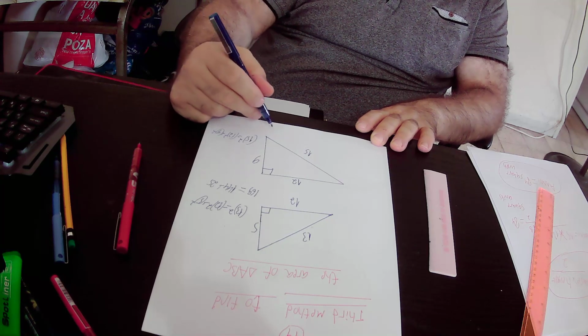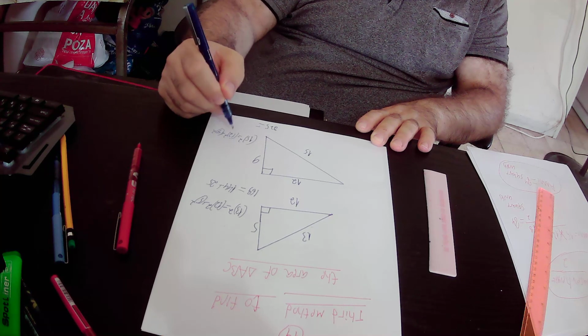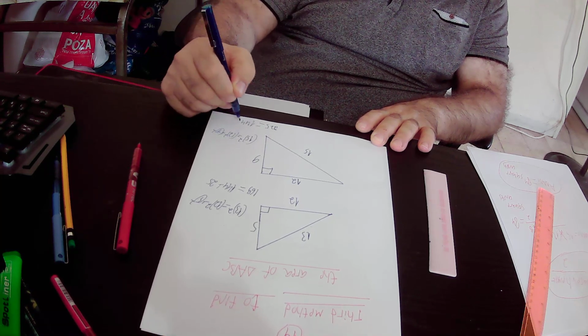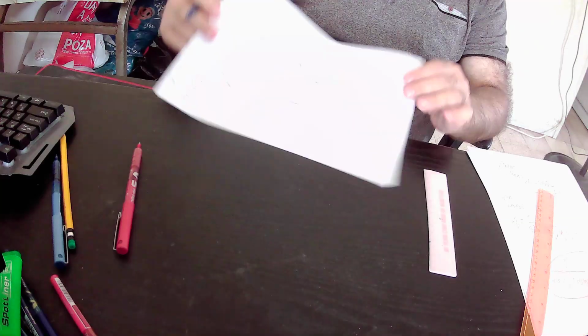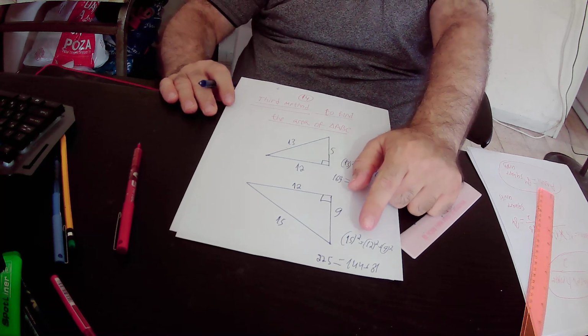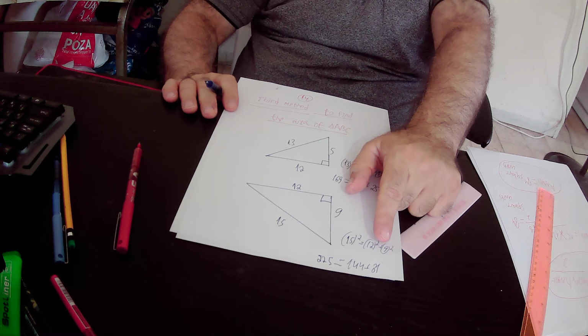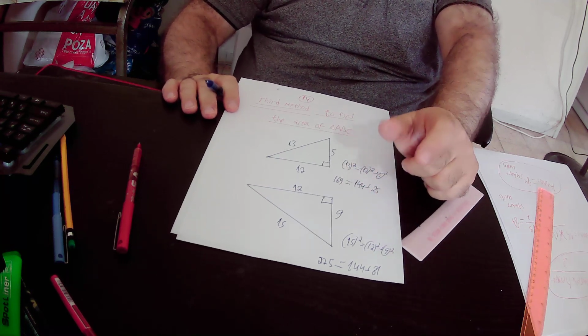So 15 square is 225 equals 12 square is 144 plus 9 square is 81. And indeed 225 equals 144 plus 81. So this is a right triangle.